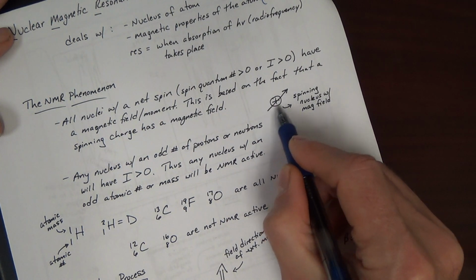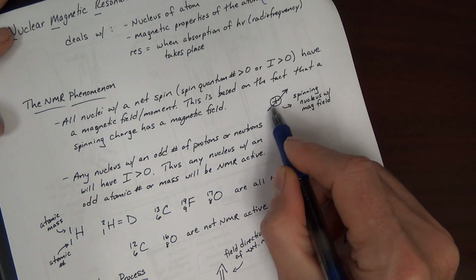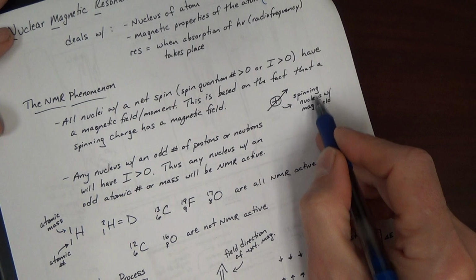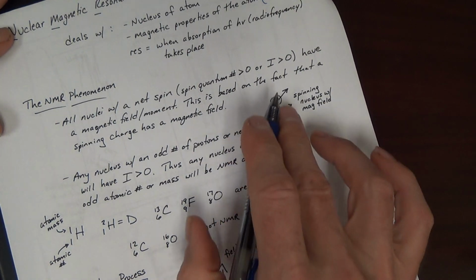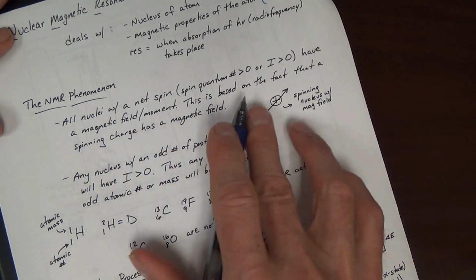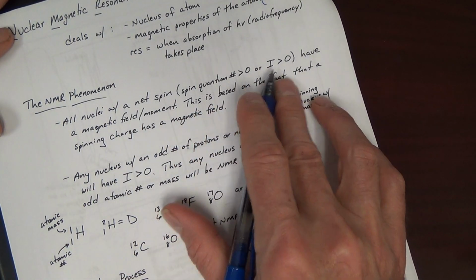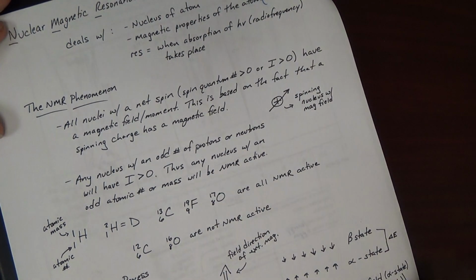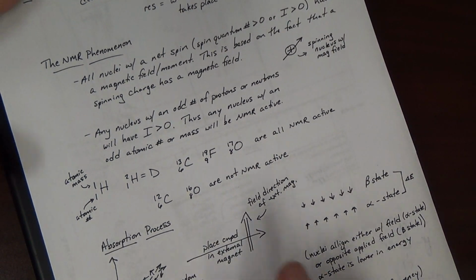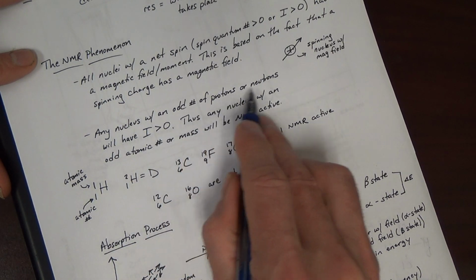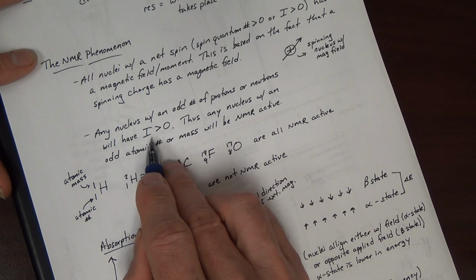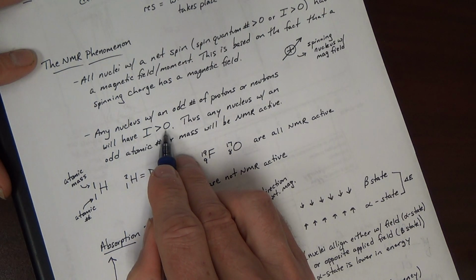But if that net positive nucleus is spinning, it's going to create a magnetic field. So before we move on, how do you tell if a nucleus is going to have a spin quantum number of greater than 0? Well, this is how. Any nucleus with an odd number of protons or neutrons will have a spin quantum number of greater than 0.